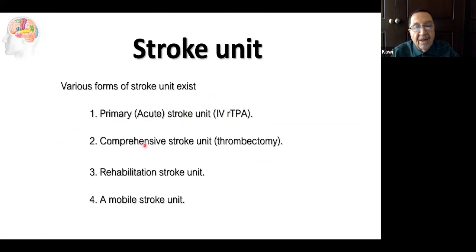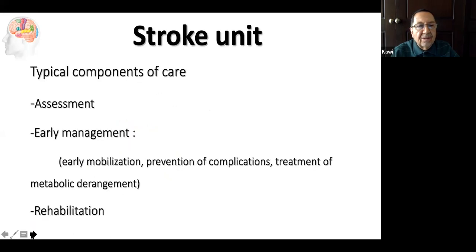There is the comprehensive stroke unit in the referral hospitals, where thrombectomy is available. In the primary, thrombolysis by IV TPA is available. Then there should be a rehabilitation stroke unit, and in some places, they have a mobile stroke unit.